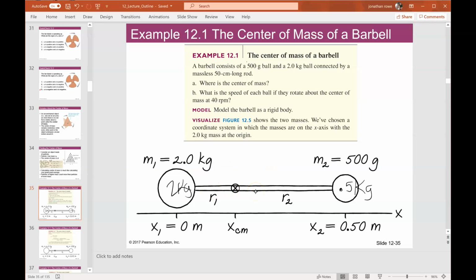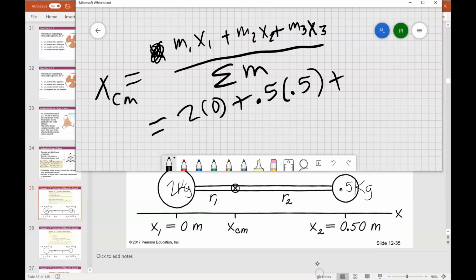We could treat the rod as if all the mass is in the center of the rod, but it said the rod's massless, so I don't have to worry about that. So all that's over the total mass, which is 2 plus 0.5, so 2.5.